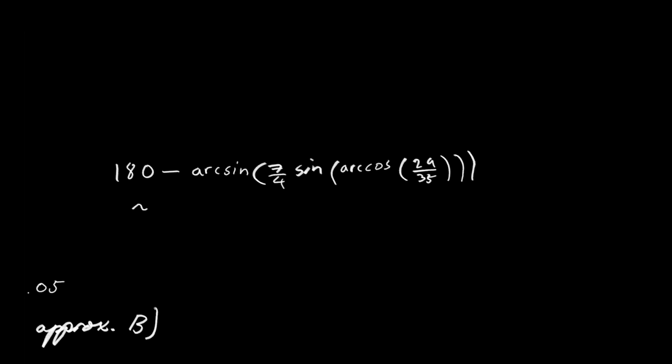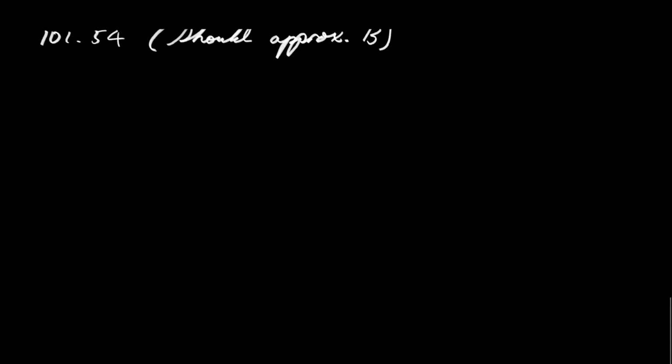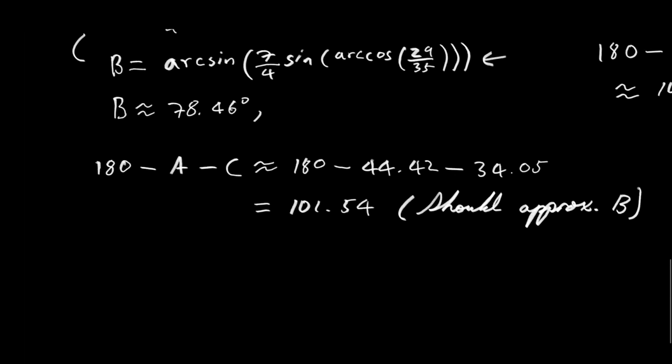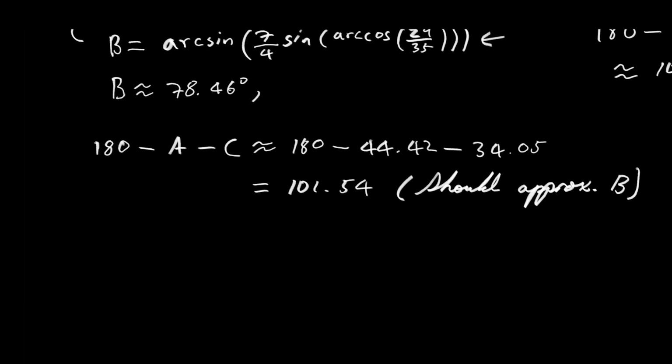Okay, so this is approximately equal to 101.54 degrees. And you can see that when we got an approximation of what B should be, okay, this is what we got.